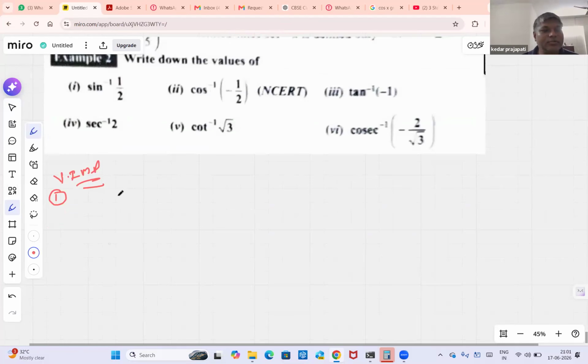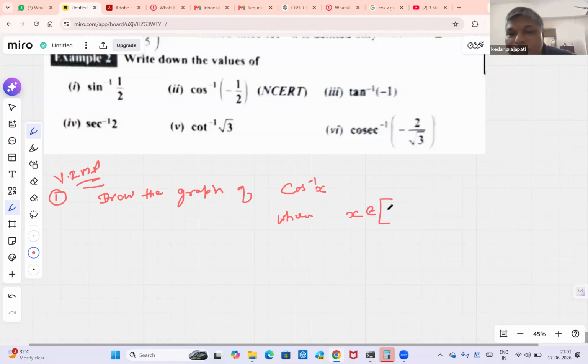Draw the graph of cos inverse x, where x belongs to [-1, 0].